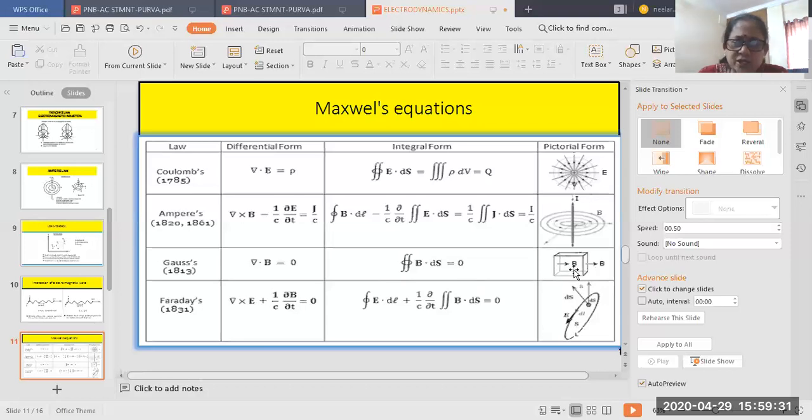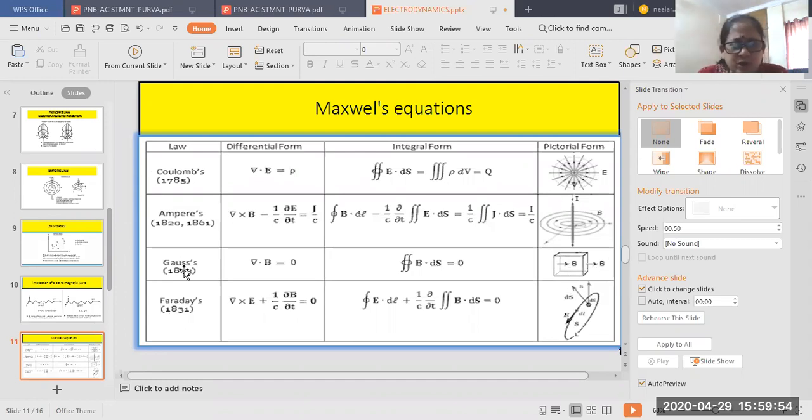Here he has shown a solid 3-dimensional rectangular shape. You can take it as a sphere. It should be symmetric. So here B dot ds is 0. What is B here? The net magnetic field found outside the closed surface is 0. Why am I talking about a closed surface?